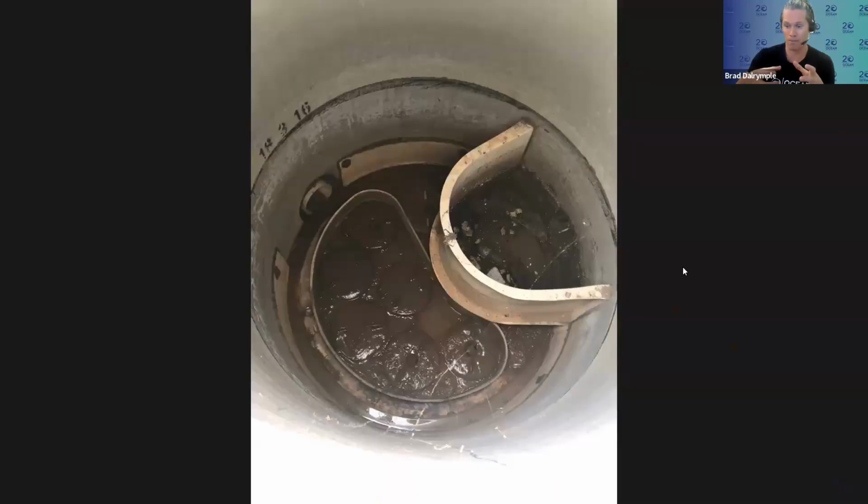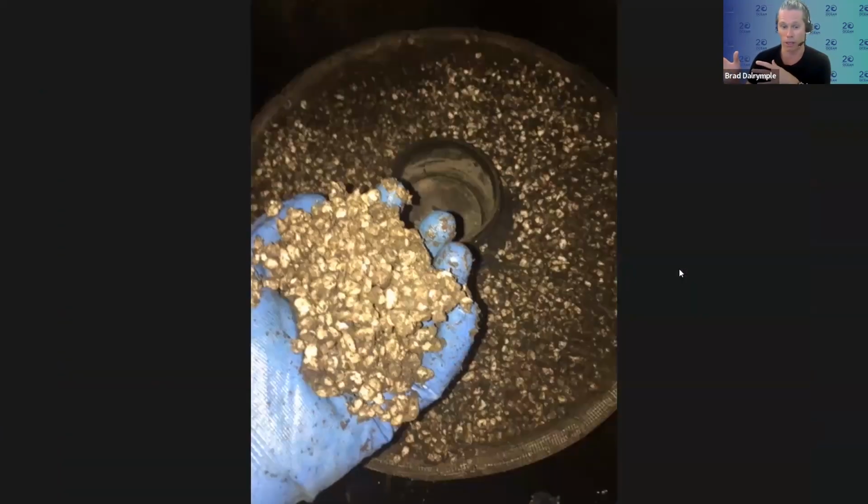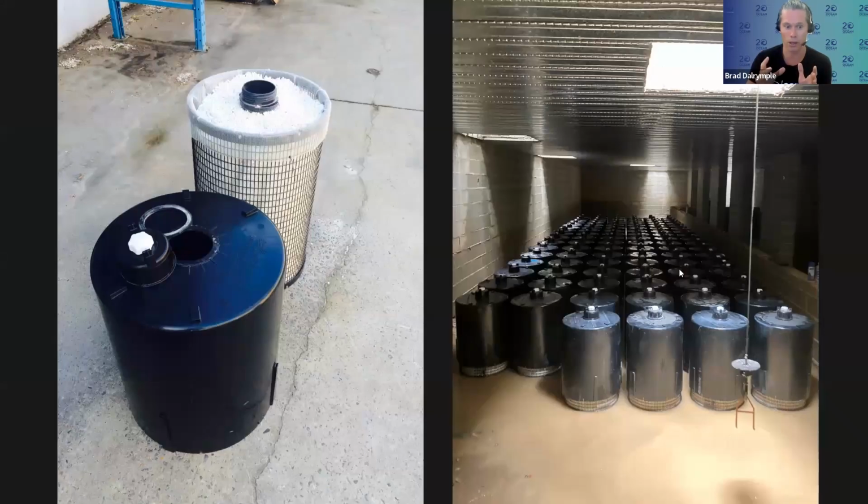The media itself, we take it away and either dispose of it in landfill or recycle it. But all the other components, the hood, the cage, the little tops, that's all repurposed. So it comes back to our facility. We basically remove the media and repurpose all the other components essentially.